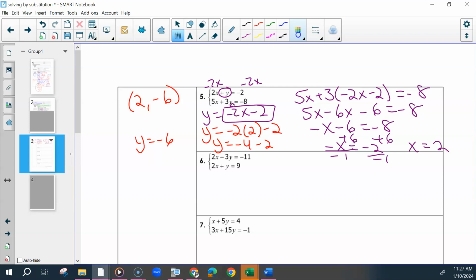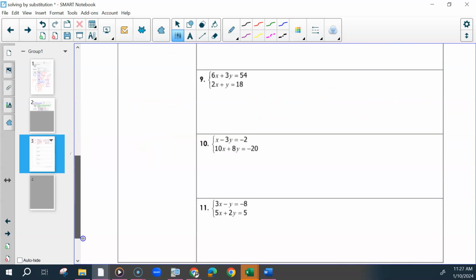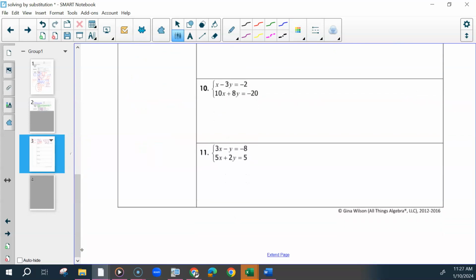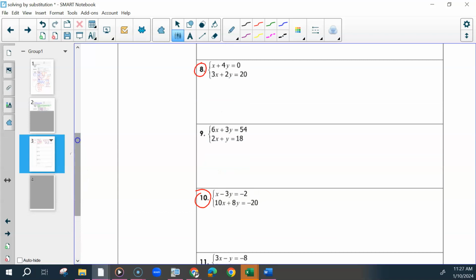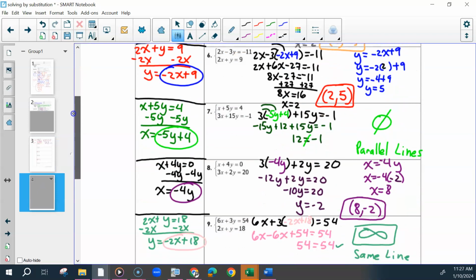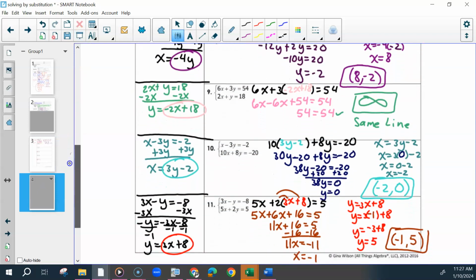Look at number 6 through 11. Are there any of those we want to see you go over and have questions about? 10. 8. I'm trying to think of which ones are the special case, but I can't remember off the top of my head. 7 and 9.